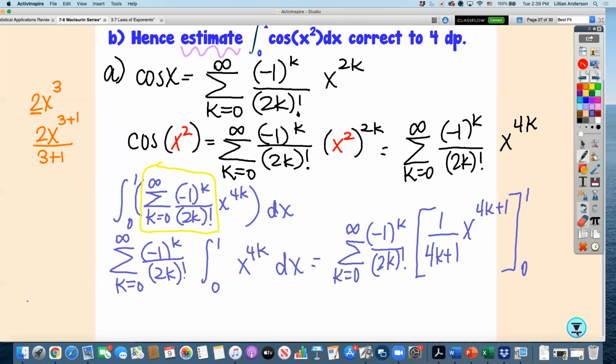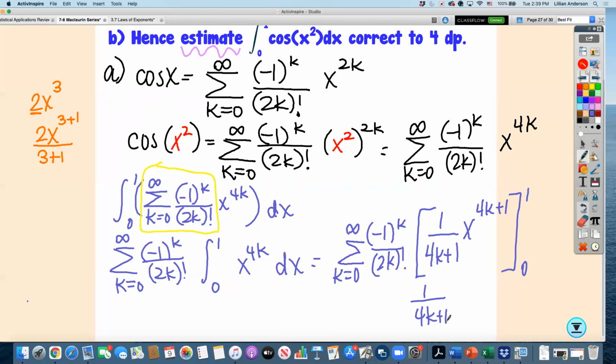So that's going to end up being 1 over 4k plus 1 times 1 to the 4k plus 1, minus what I get when I plug in 0, which is 0. So I'm left with 1 over 4k plus 1 times 1 to the 4k plus 1.